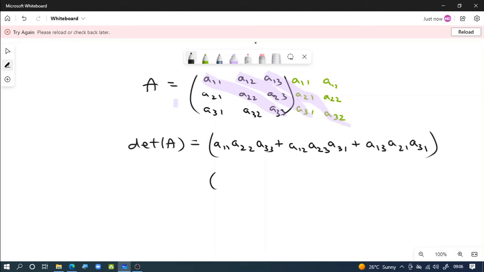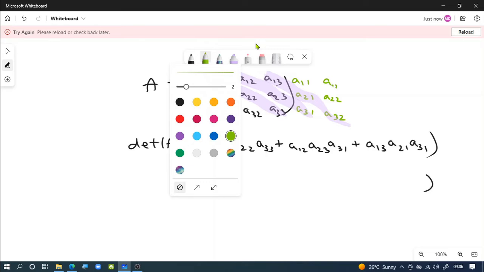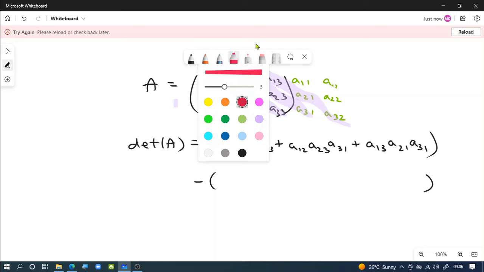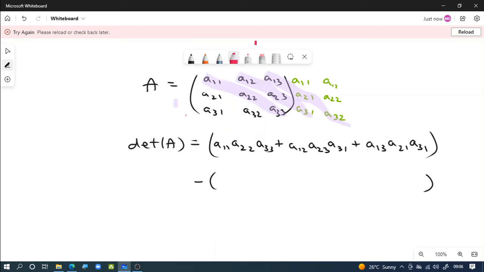And from that, you deduct the products of the second diagonals. You have another 3 second diagonals. So the first second diagonal is A31 times A22 times A13.